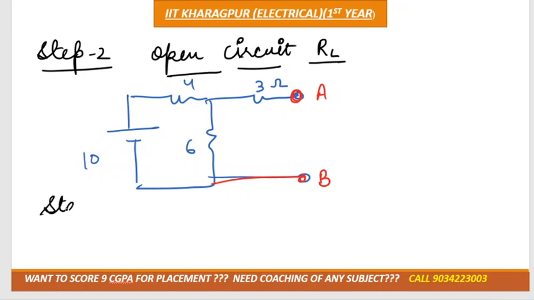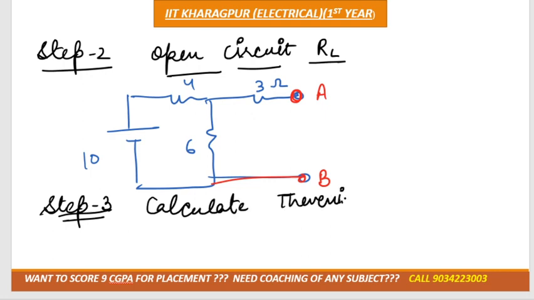Next is step number 3, that is calculate the Thevenin voltage. Thevenin voltage is denoted by VTH and that is equal to VAB.